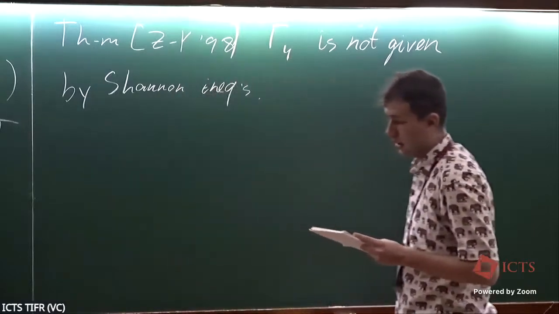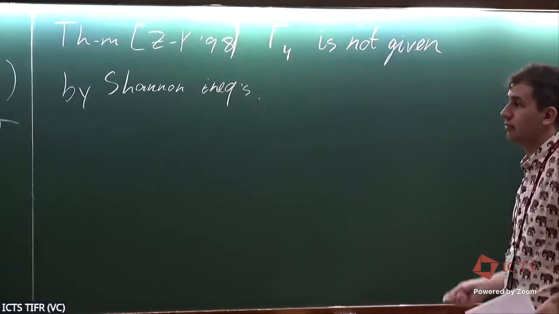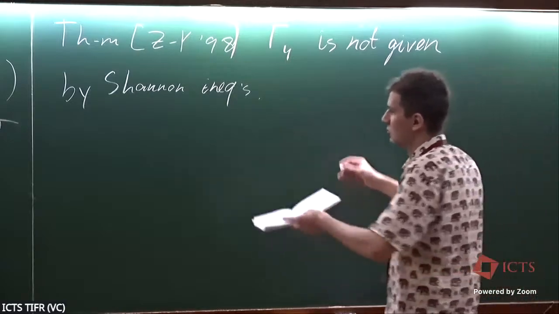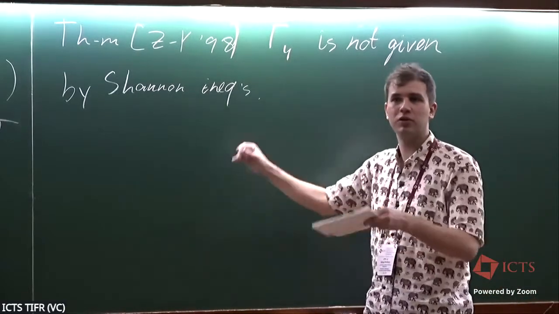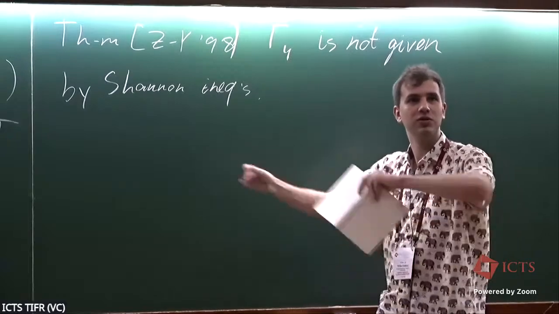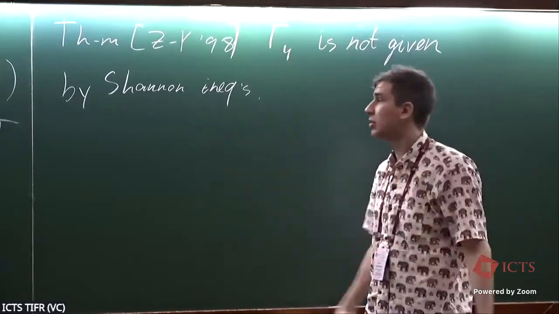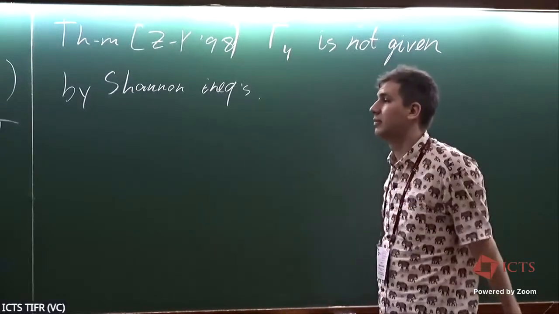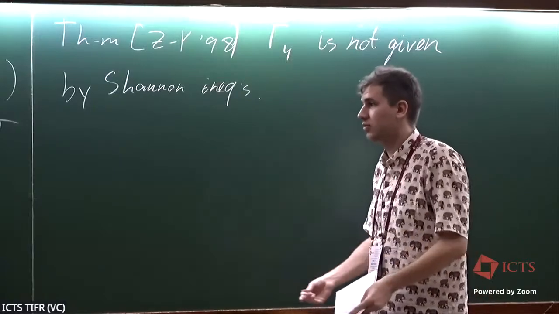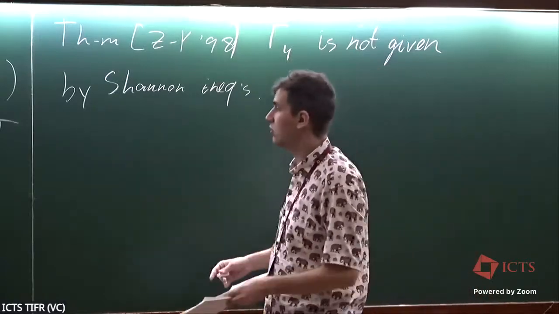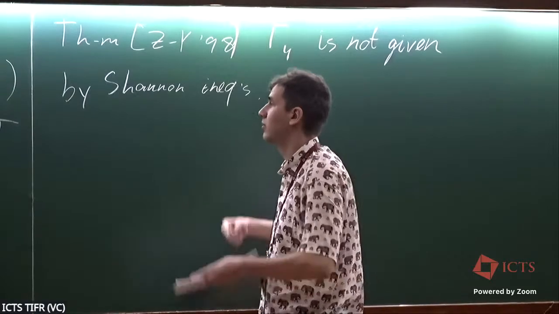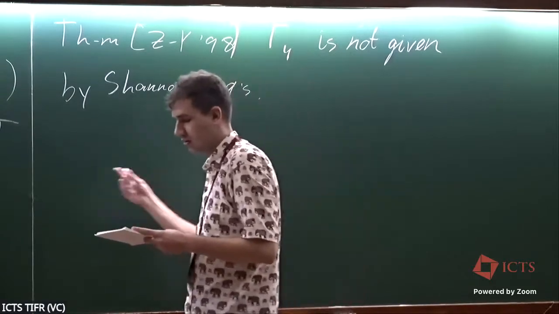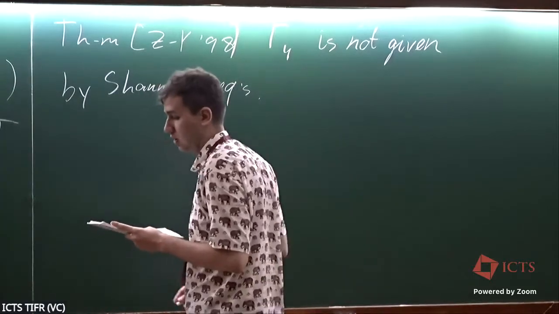They have an inequality which has 16 terms with different integer coefficients. You add them up, and somehow you see that it's true for all entropy vectors with 4 variables, but it's not a corollary of Shannon inequalities.